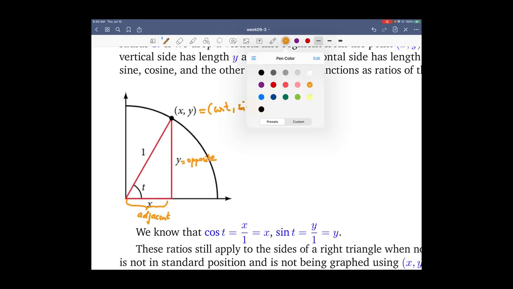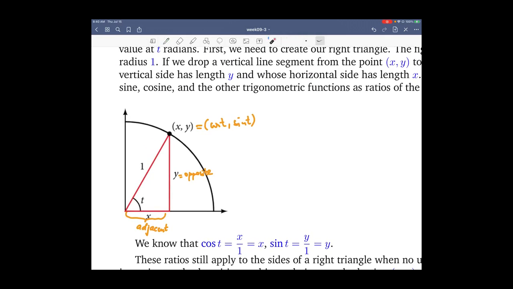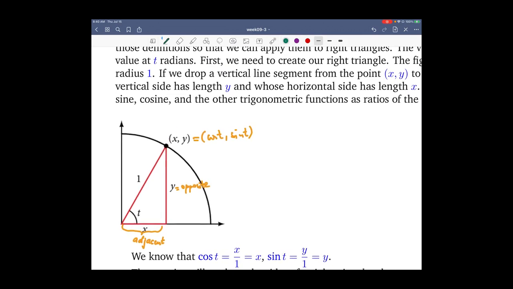Say, for example, we have a right triangle which is similar to this one, the red triangle. Let me use the green color for that other triangle.